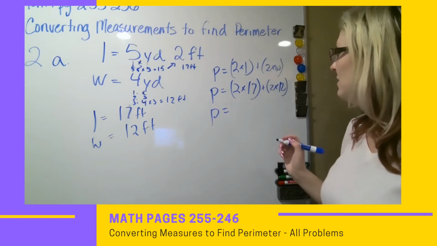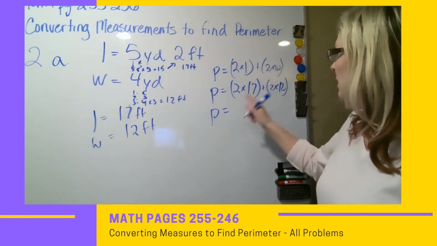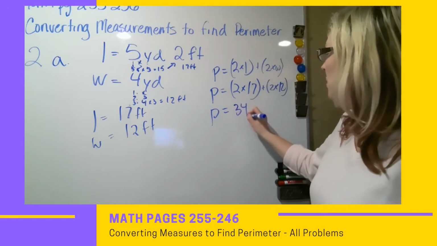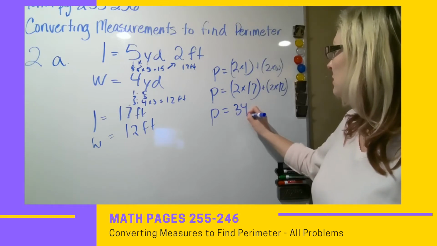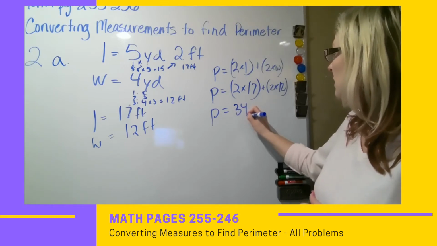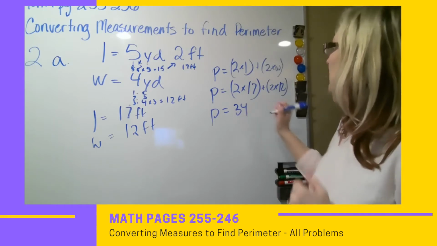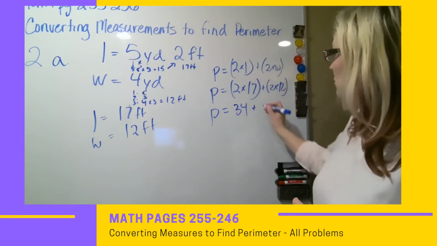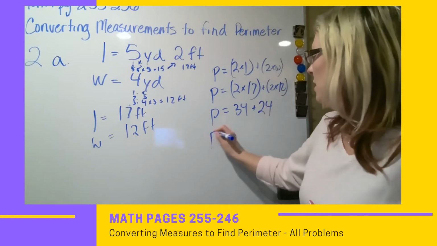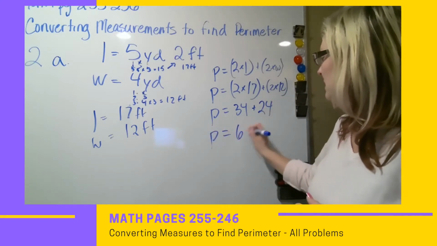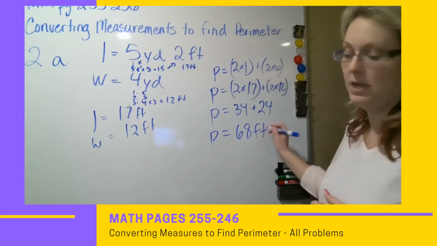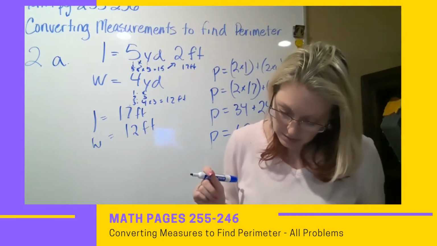P equals 17 times 2 is 34. I'm right, right? 14, carry the 1, 2. I'm right. Plus 2 times 12 is 24. P equals 68 feet. Let me double check my answer.